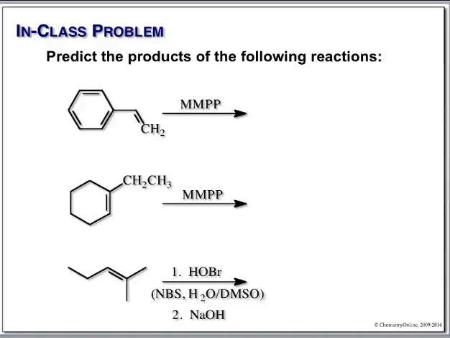All that happens is that the peracid oxygen is inserted into the double bond here, and we make the epoxide. This is styrene, and this is styrene oxide.